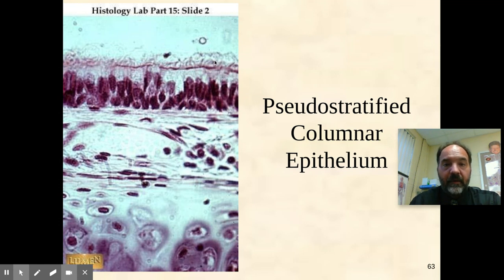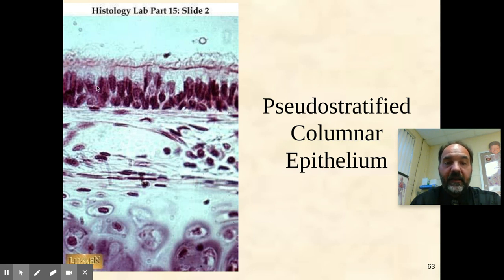Notice at the top, this wispy layer, those long wispies are the cilia, and you are going to need some practice to tell the difference between cilia and microvilli. Right now, the biggest thing would be that cilia are typically taller and wispier than those microvilli.